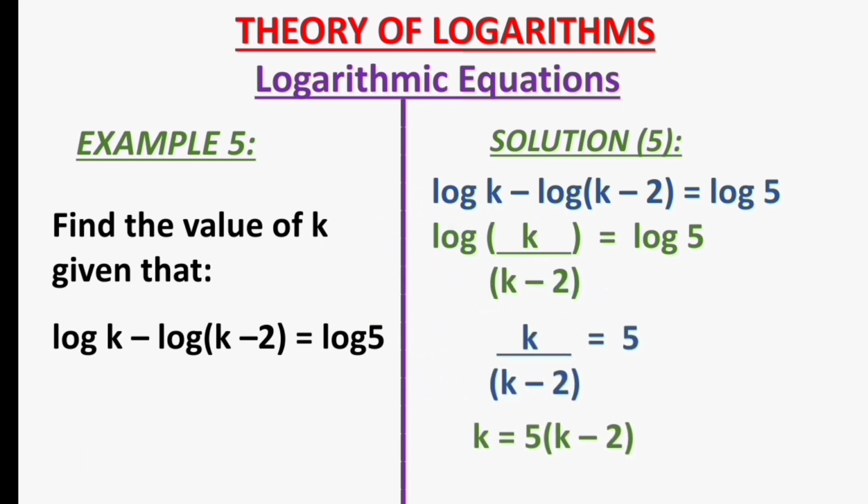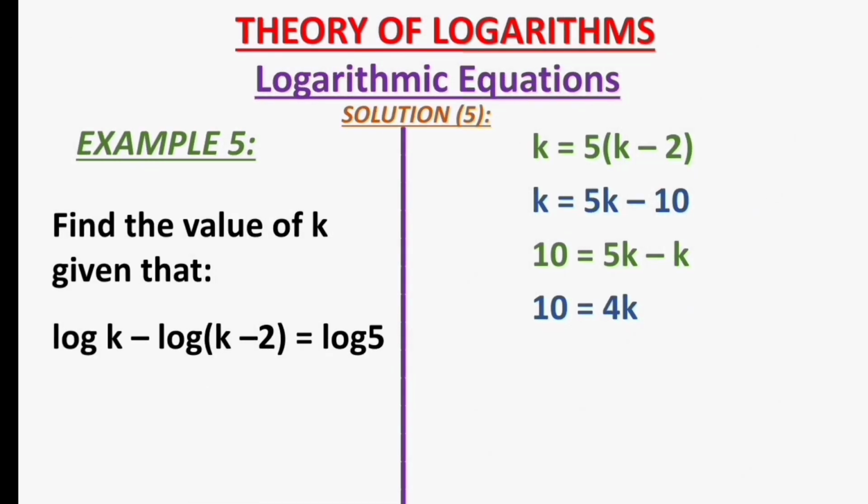When we simplify this equation by striking off the logarithm on both sides of the equation, we will have k divided by k minus 2 is equal to 5. Cross multiplying, we have k is equal to 5 into (k minus 2). When you solve this simple equation, what will be the value of k? Let's see if you are right.